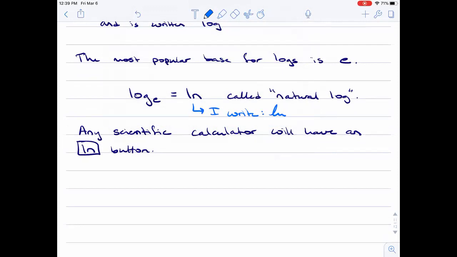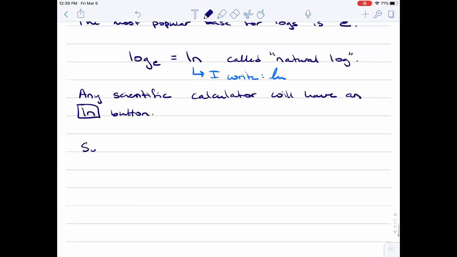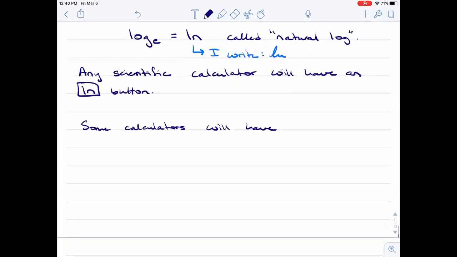So some calculators will have a log and then an empty box button. Then you can just calculate log base whatever.